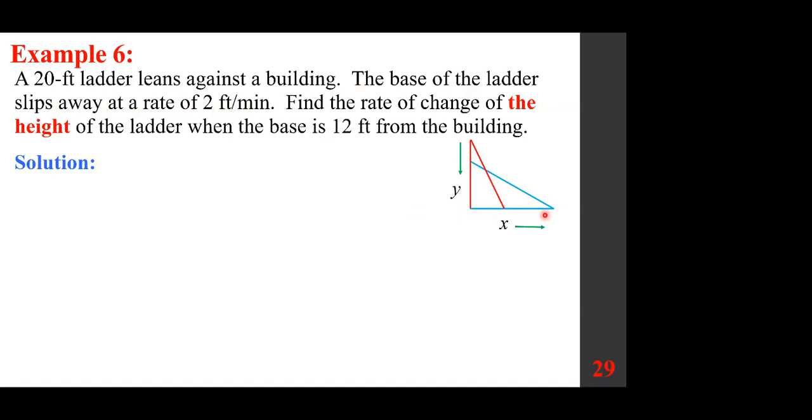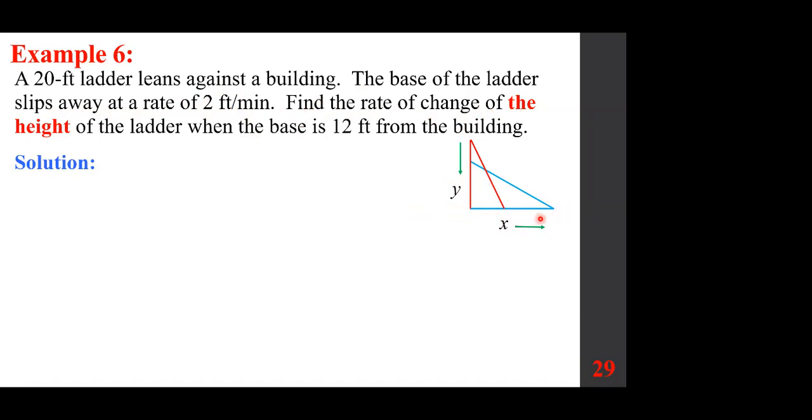So if this is x, then dx/dt is 2 feet per minute. If y represents the height, find the rate of change of the height. That means dy/dt is missing, everybody. dy/dt is missing. And we want to know what that is when x is precisely equal to 12 feet.